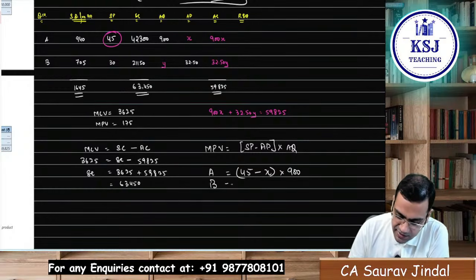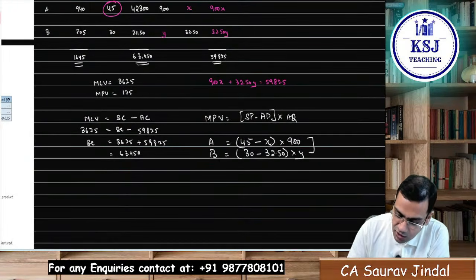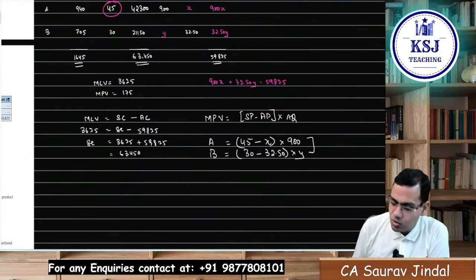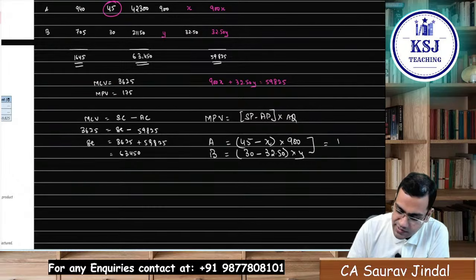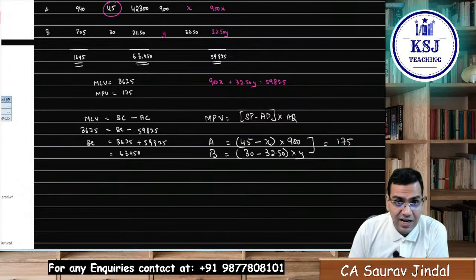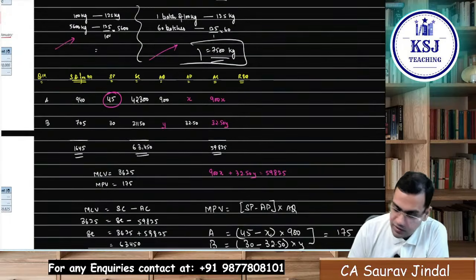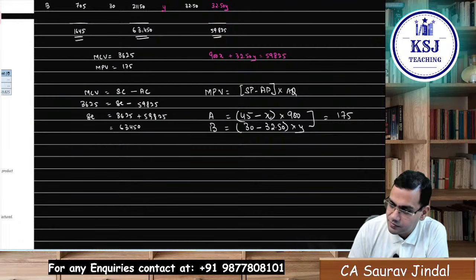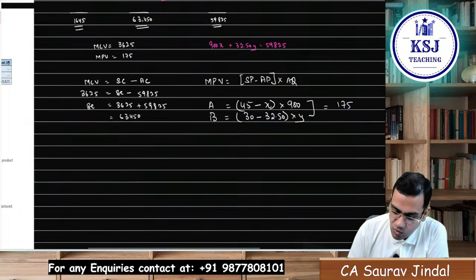For B it is 30 minus 32.50 multiplied by Y. The sum total of these two will be equal to 175. Another equation will be formed for X and Y. What will be the equation?